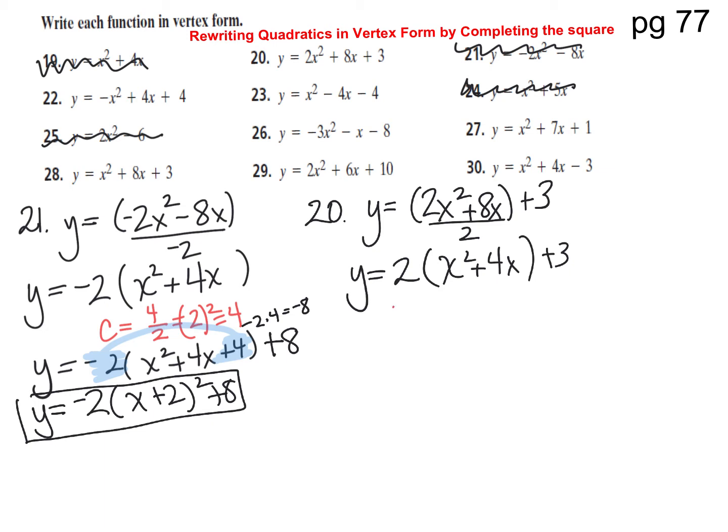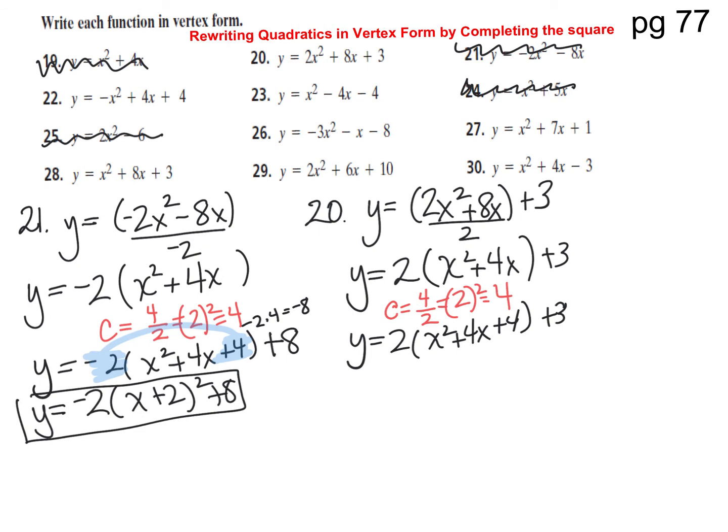Find your constant you're going to add inside the parentheses. So that c value is b divided by 2, which is 2. Square it. You get 4. Add 4 inside the parentheses. So y equals 2 times the quantity x squared plus 4x plus 4 plus 3.